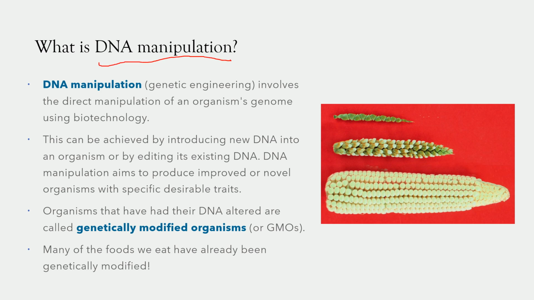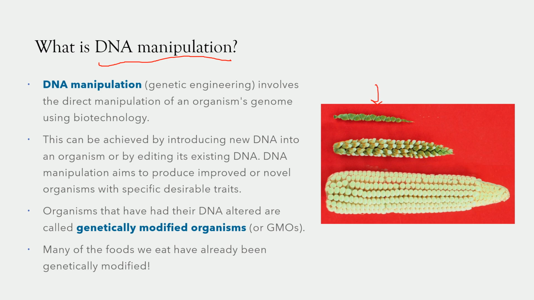It's sometimes also referred to as genetic engineering, and it involves any direct manipulation of an organism's genome using biotechnology. So we can introduce genes, we can edit genes, we can remove genes, and the main aim of doing this normally is to enhance an organism or to improve an organism or to introduce desirable traits.